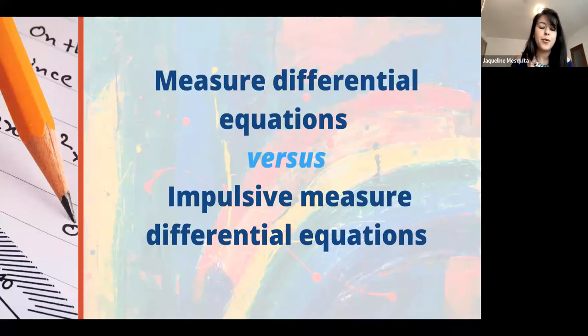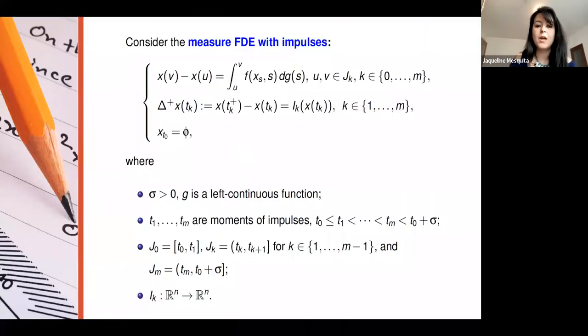Here I will bring another motivation: we can relate measure differential equations with impulsive measure differential equations. So we can also have impulsive behavior inside of these measure differential equations. In order to do that, we need to consider the measure functional differential equations with impulses, which are given by this. Here we have this equality for all u and v in the intervals, except at the moments of impulses.